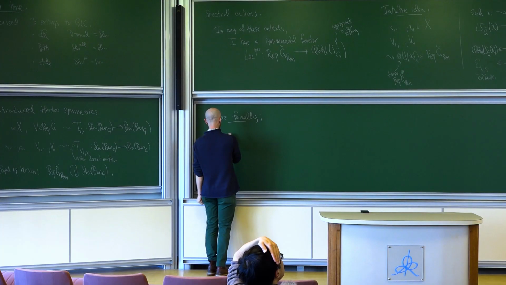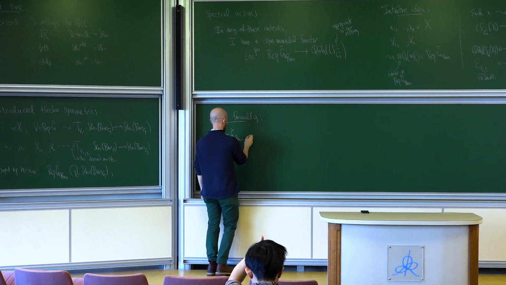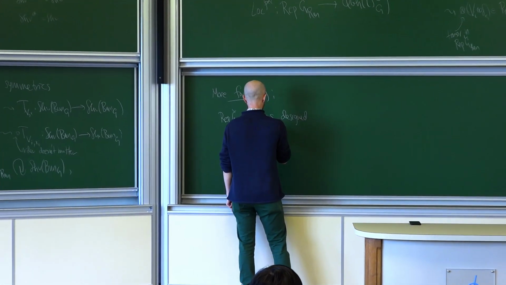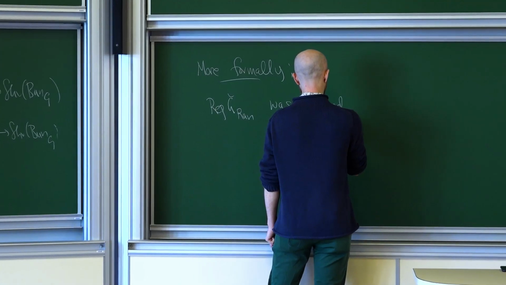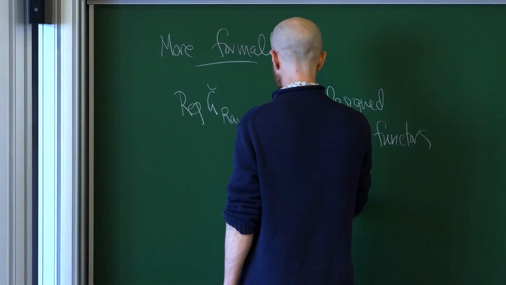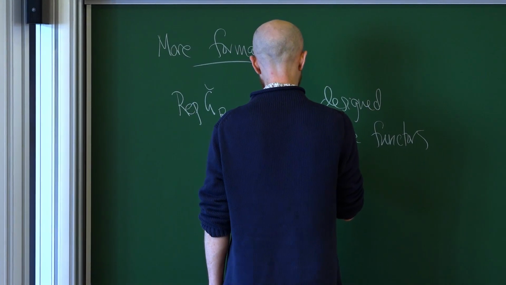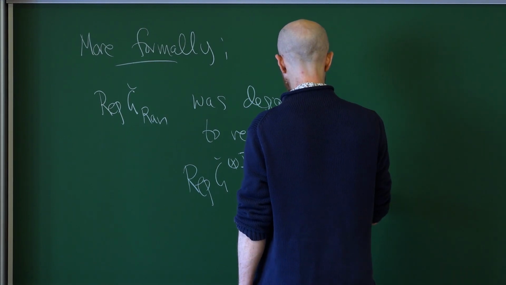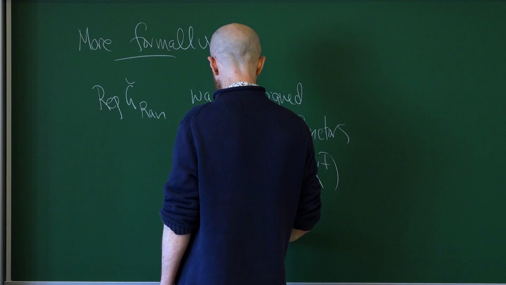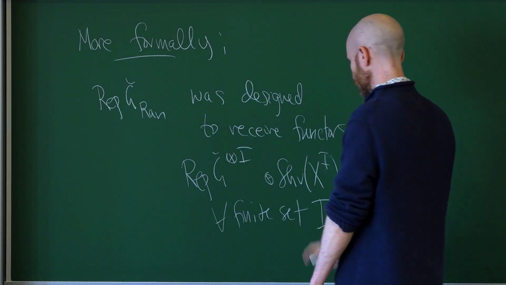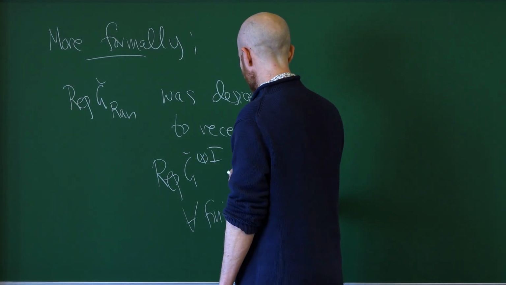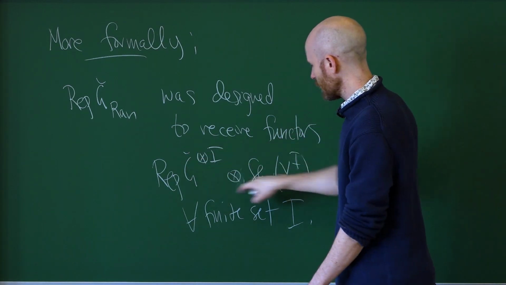So, more formally, let me remind you that Rep G check to the I was designed to receive functors from Rep G check tensor I, tensor sheaves on X to the J, for every finite set I. So there are some kind of colimit definitional functors like this, and really there's one for every map, but they're all designed.